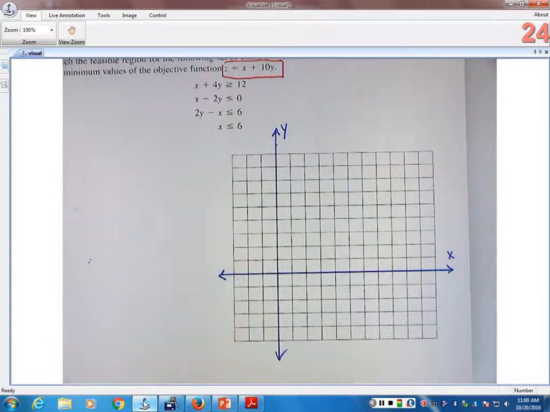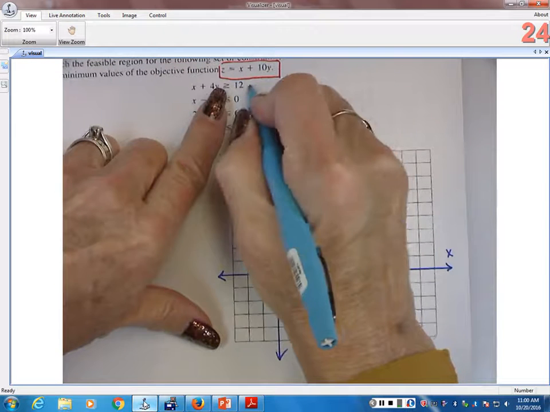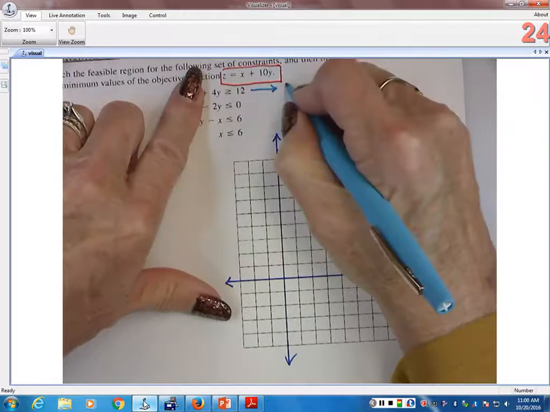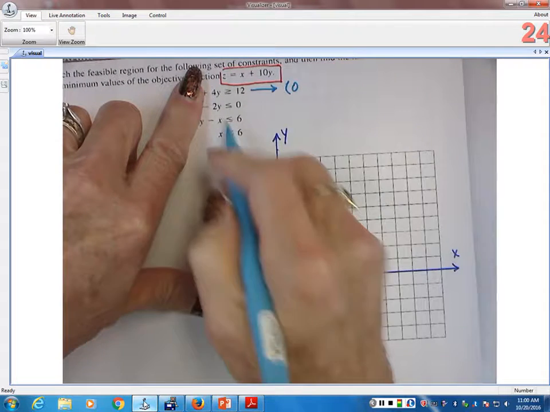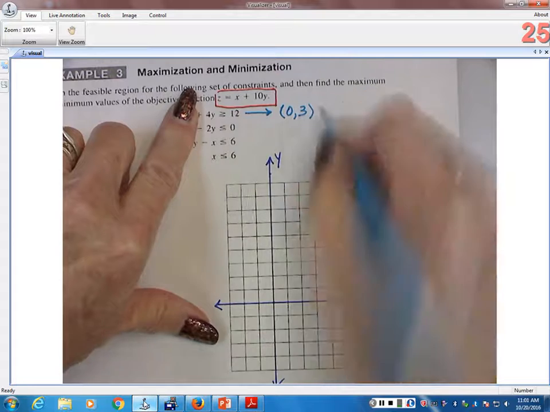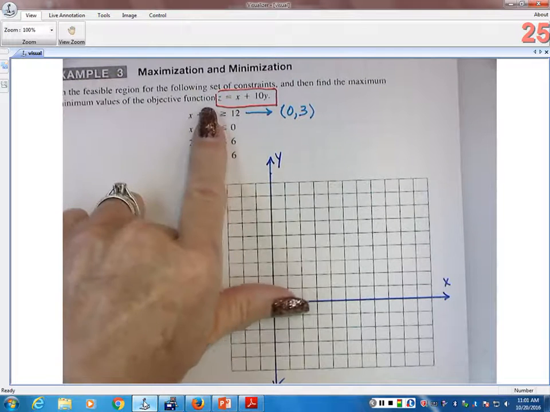And we'll begin with x plus 4y is equal to or greater than 12. Which gives us the point that if x is 0, y is going to be 3. And if y is 0, x is going to be 12.